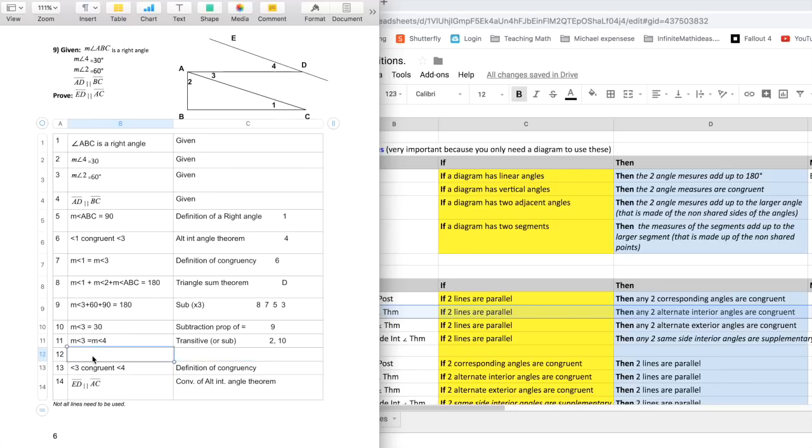So line 12 is useless, so you can put a line through it or put NA, and that's okay, particularly when we have a long proof like this, an honors proof, and we're doing a lot of work. Okay, definition of congruency here, this of course comes from line 11, and converse of alternate interior angles comes from line 13.